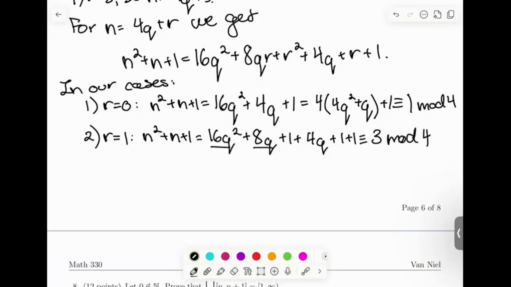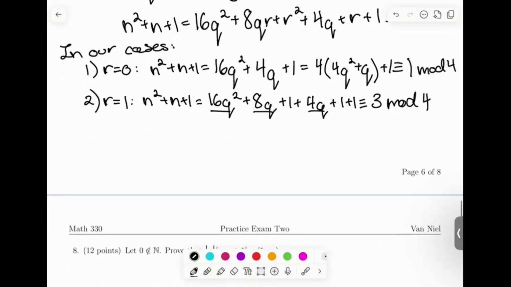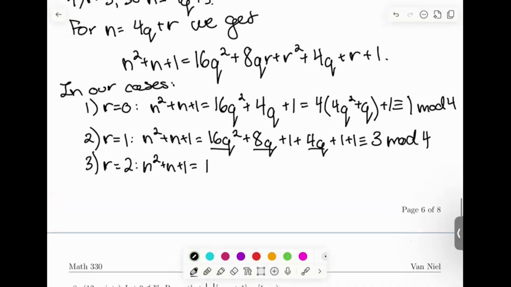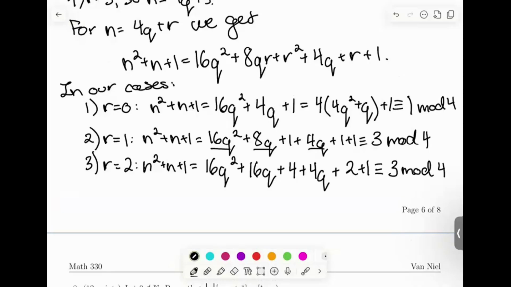Because this is divisible by 4, divisible by 4, divisible by 4. Case 3, r is 2. 16q squared plus 16q plus 4 plus 4q plus 2 plus 1. So that's 3 again, because divisible by 4, divisible by 4.